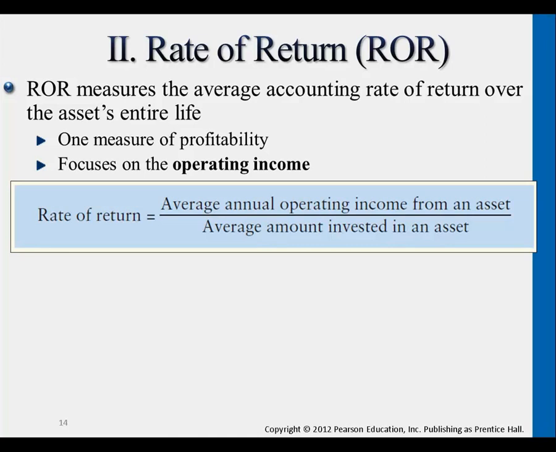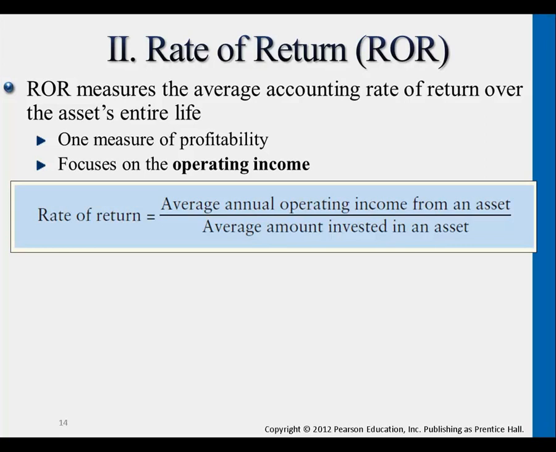So what is the rate of return and why do we need this? Practically, from the definition itself, it's going to tell you when and how you can get your money back, the money that you've invested in whatever asset you purchased for the company. The basic definition is that rate of return measures the average accounting rate of return over the asset's entire life.